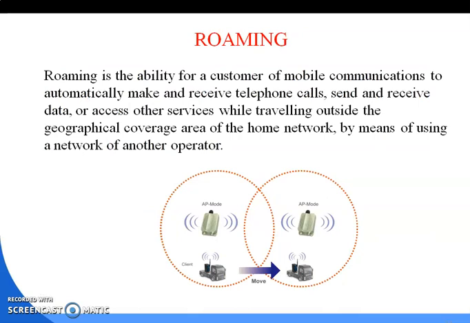This is the area of one access point, and this is the area of another access point. When the client moves from one access point to another, the signal of the first becomes weaker and weaker while the second becomes stronger and stronger.